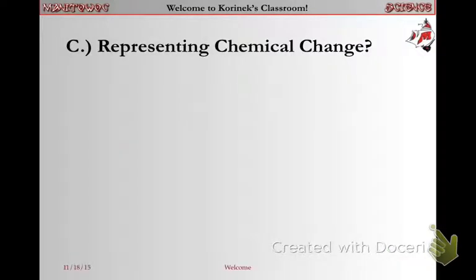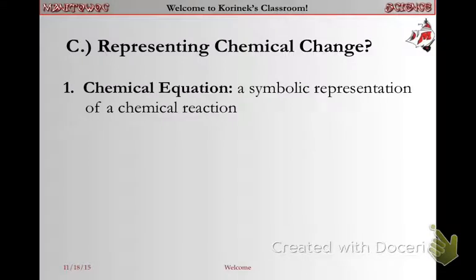So, how do we represent chemical change? Well, we do so by using an object called a chemical equation, which is just simply a symbolic representation of a chemical reaction. So let's take a look here at a chemical equation, and then we are just going to define different parts of that chemical equation. So let's look at the combustion of methane.